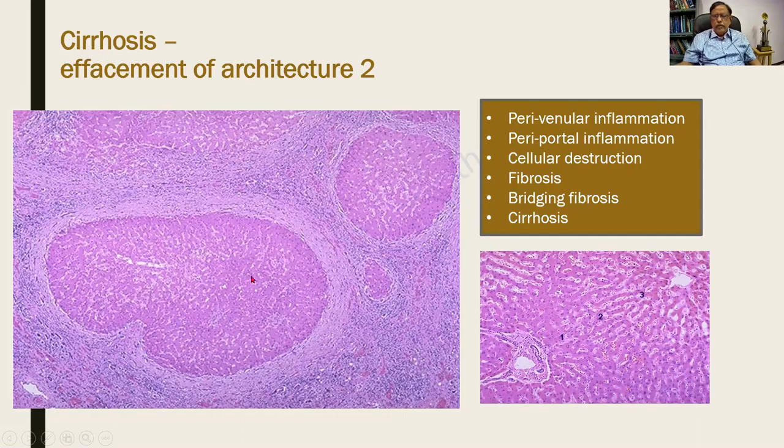Sometimes I might see two central veins within the same lobule. And these are all broad septae of connective tissue. Initially, you find that it will be in small spurs. But later on, there is a collapse of the hepatic parenchyma, as in this case, and it is replaced by fibrosis. We call it bridging fibrosis. And finally, there is a fully developed cirrhosis.